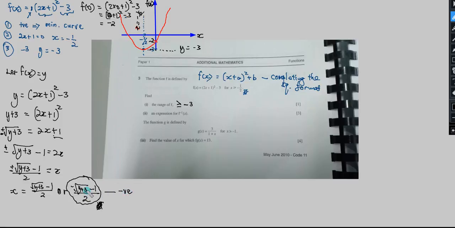That's number one. Now, you see, you got minus square root of y plus 3. If you split these two, it's actually minus square root of y plus 3 over 2, again minus 1/2.